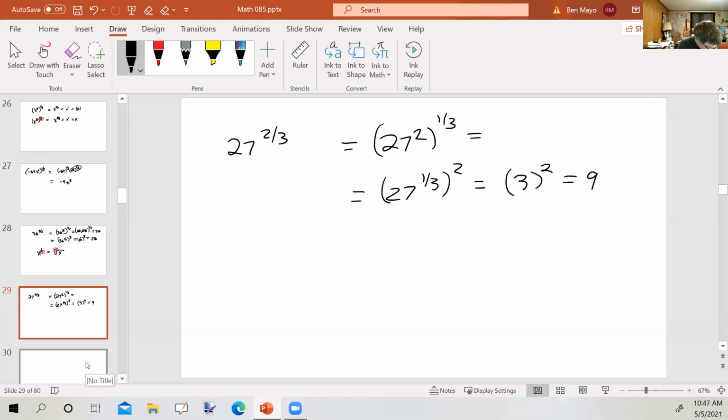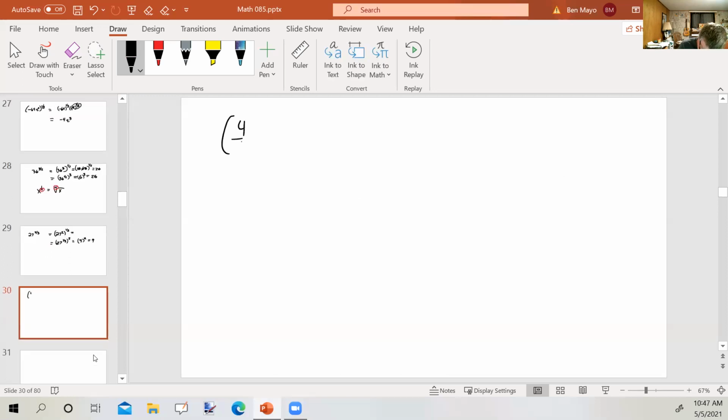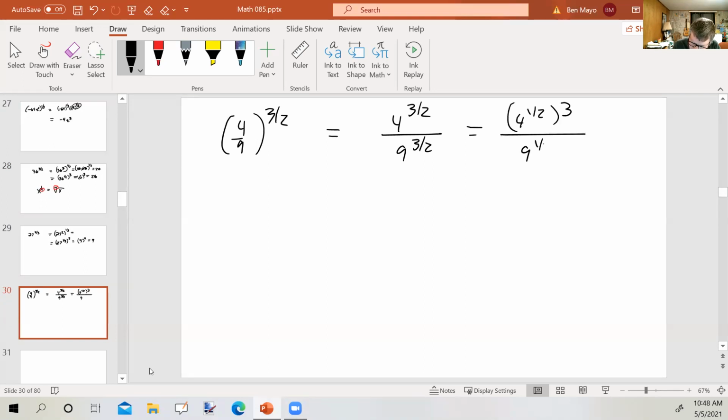All right. How about this one? 4/9 to the 3/2 power. So that's 4 to the 3/2 power over 9 to the 3/2 power, which is 4 to the 1/2 power cubed over 9 to the 1/2 power cubed.